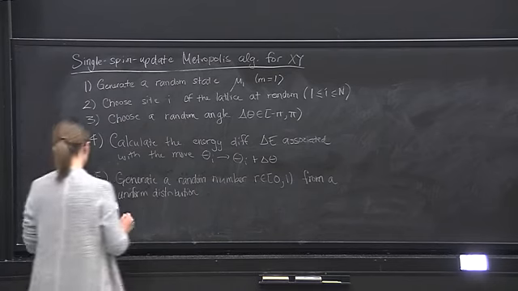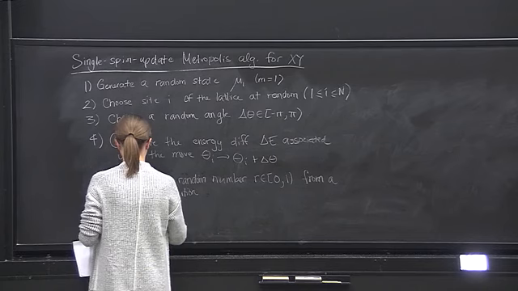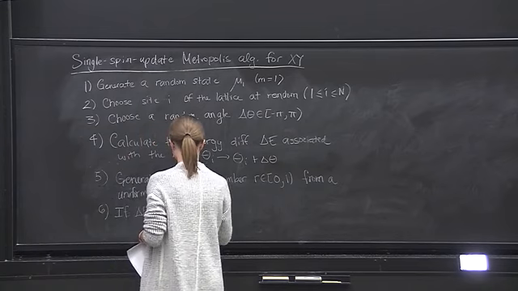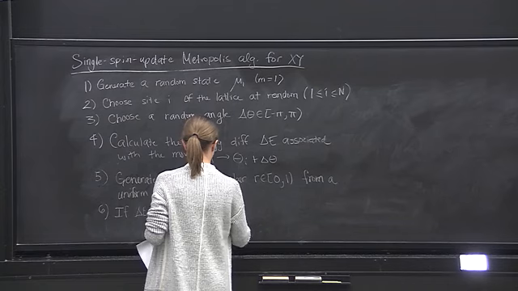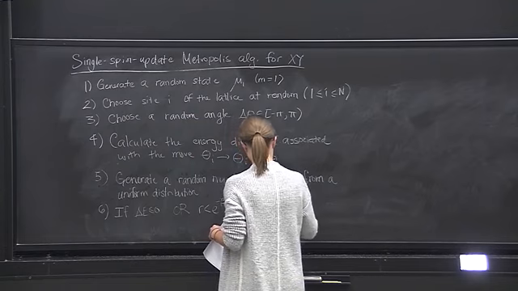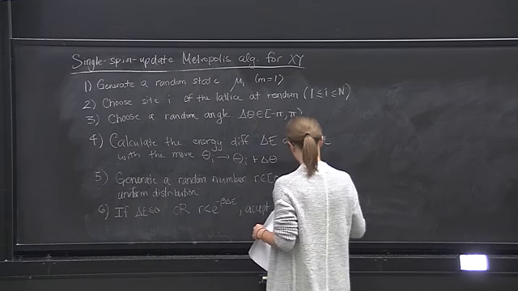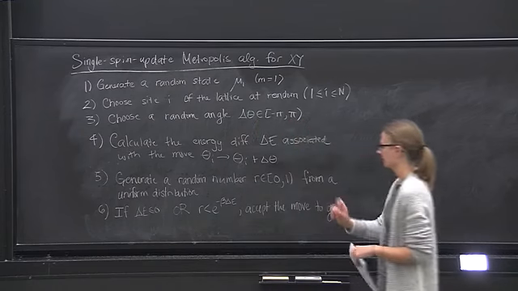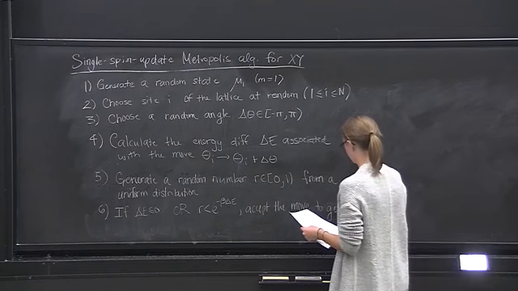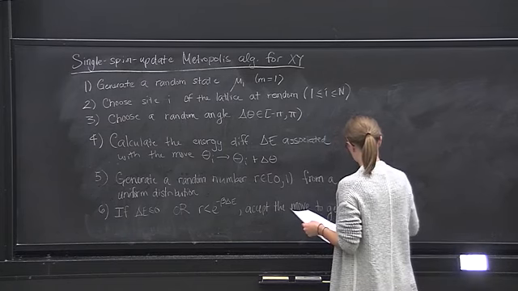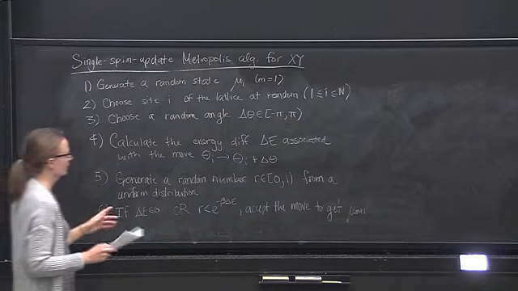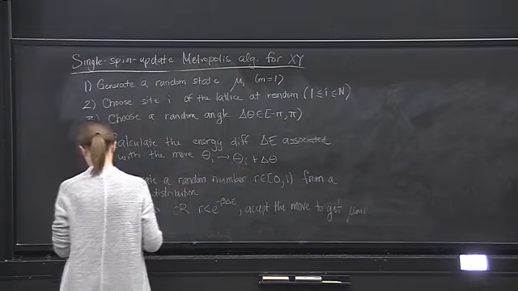So I'm going to generate some random number, and then this is where I choose to accept my move. So again, if my energy change is negative, or if that random number is less than this Boltzmann factor that I derived up there, then I'm going to accept this move, and my mu m plus 1 is going to come from this rotation here.